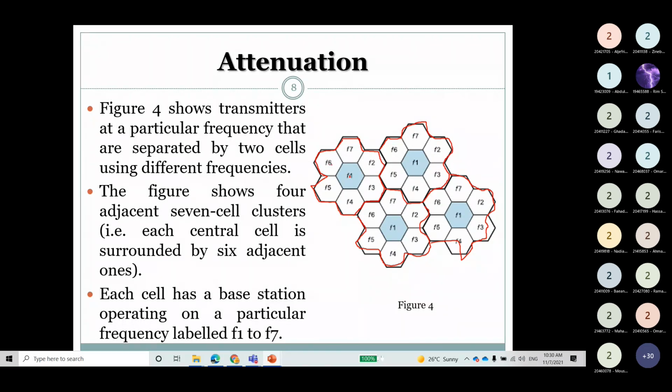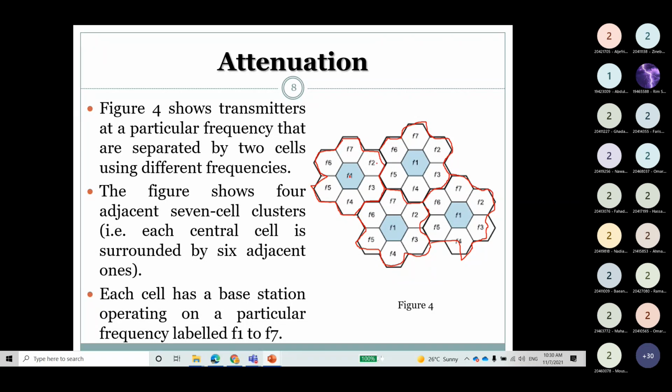The signals of this cell will not be interfered with by that one, because they operate on different frequencies. But after 2 lines, I will reuse this frequency, because the signal already sent from this cell disappears after these 2 distances. So I can reuse it.